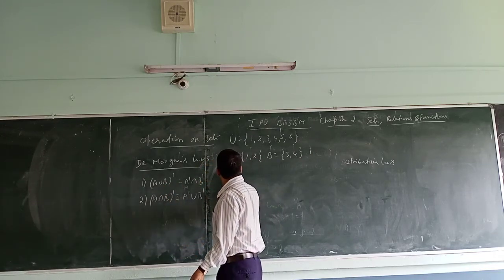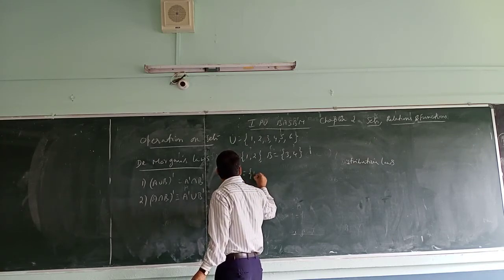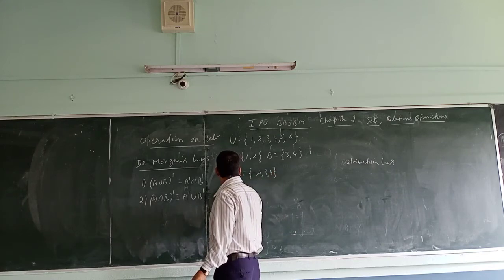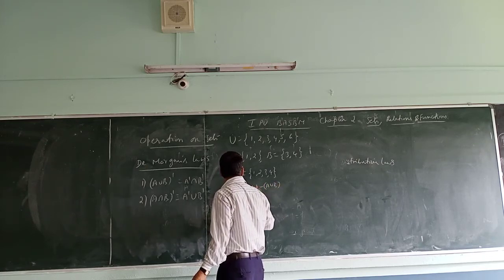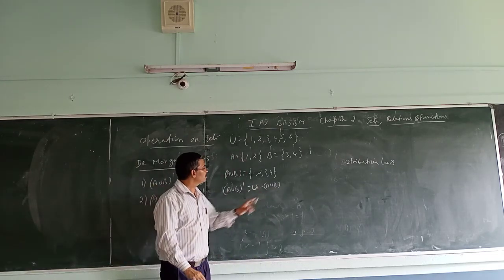First, what is A union B? It is {1, 2, 3, 4}. So (A union B) dash is equal to U minus (A union B).